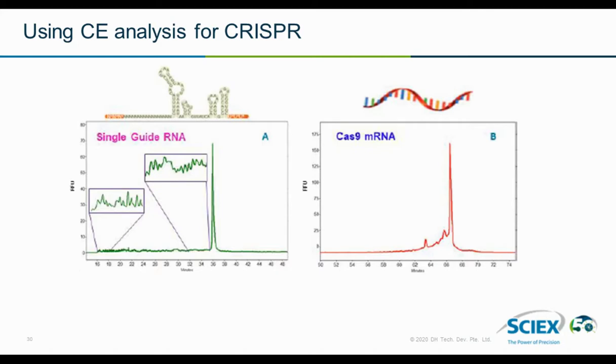And here you can run both the same molecules, which are combined for CRISPR, on the CE system, and the CE is capable of then detecting these molecules and identifying the percentage impurities present. You can see here that for the Cas9 messenger RNA, the impurity level seems to be slightly higher because the peaks are higher intensity before the main messenger RNA peak on the electrophoregram on the right-hand side of the slide.